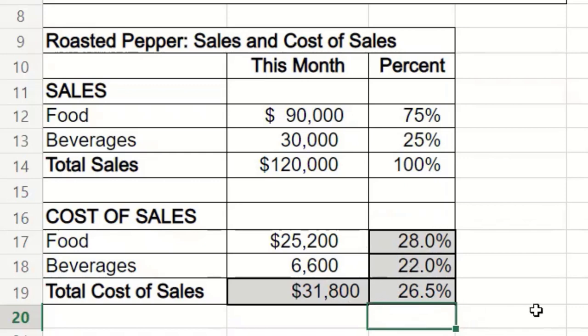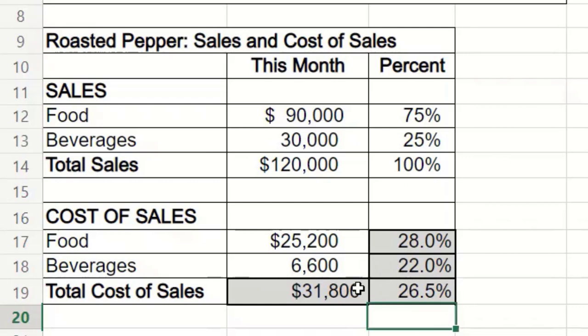Now if our menu mix happens to change, let's say we sell more beverages per guest. You know, we have guests that are stepping away from having water, maybe they have iced tea, they have margaritas, they have something like that, and that increases the beverage sales, thus increases the beverage cost.